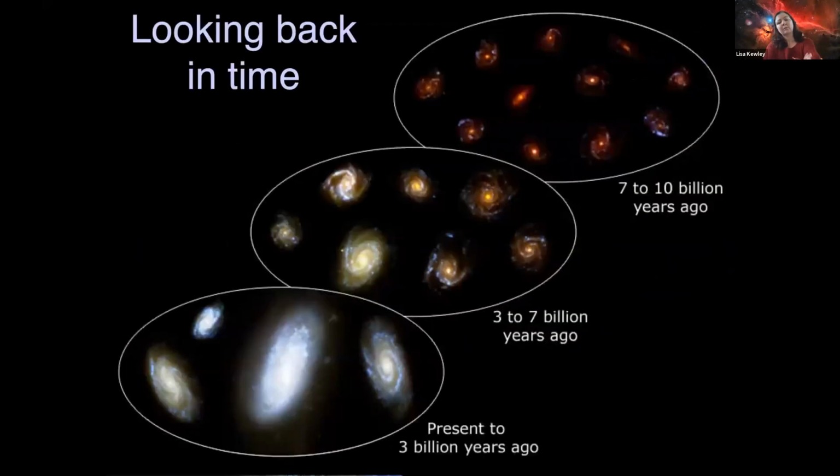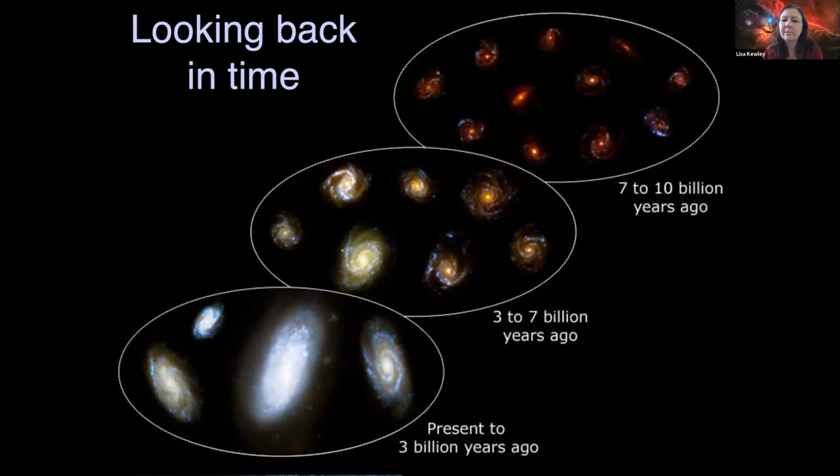And so how do we measure the amount of oxygen in the universe? We need to look back in time, but in astronomy we can look back in time because the light that galaxies emitted actually takes billions of years to reach us. So these are real images of galaxies using the Hubble Space Telescope. In the top right image there, the light from these galaxies took 7 to 10 billion years to reach us.